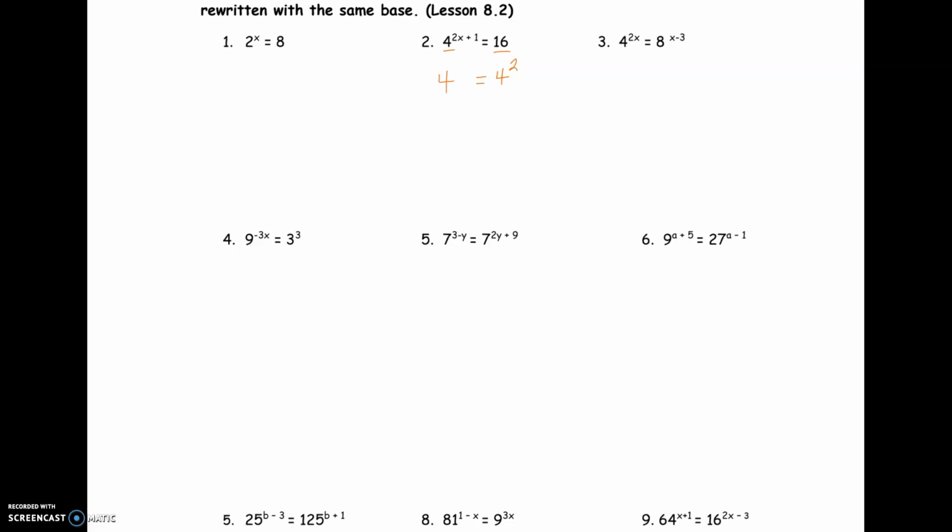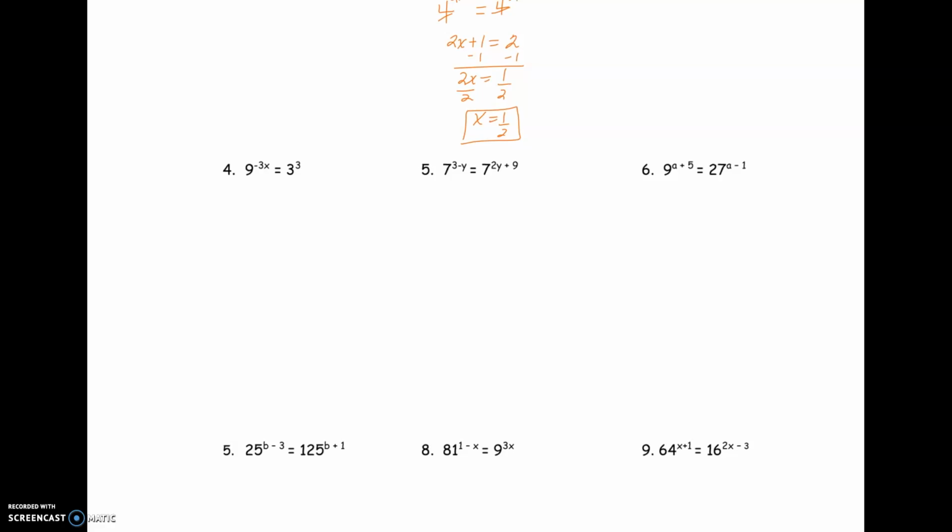So now I have 4 to the 2x plus 1 equals 4 to the second power. Remember, once you have the same base, those go away and you just set up your exponents equal to each other. So I'm going to subtract 1. I have 2x equals 1, and then I divide by 2, and x equals 1/2. That means if I put 1/2 back in for x, it would make that true.